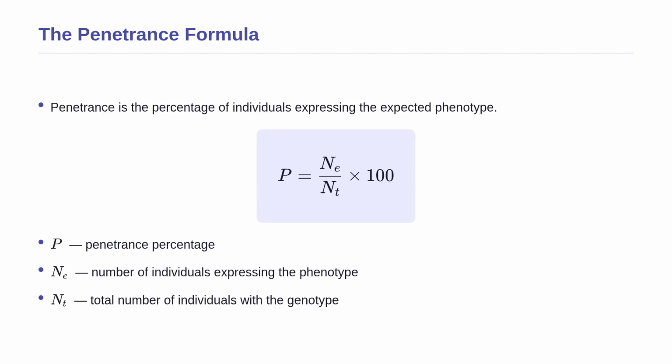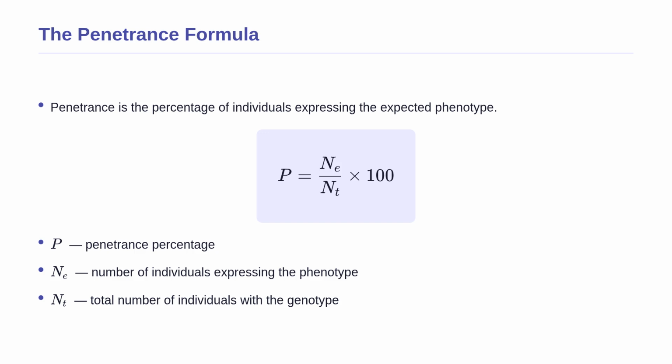Since we know that not everyone with a gene shows the trait, we need a way to measure this mathematically. This formula calculates the penetrance percentage, which tells us how often the gene actually does its job. The variable p represents this penetrance percentage. The symbol Ne stands for the number of individuals who actually express the phenotype, meaning they show the physical trait.